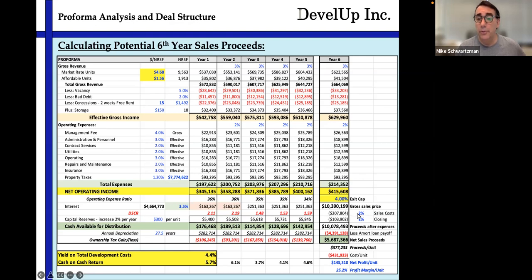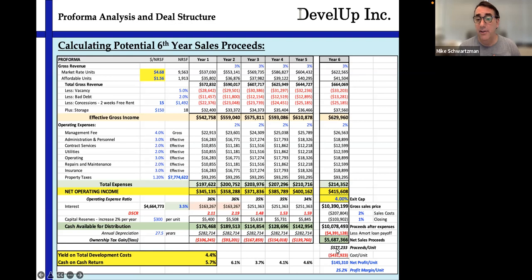We're going to lose 2% sales costs, commissions, et cetera. We're going to have closing costs. We're going to have basically $10 million, $10.1 million proceeds after expenses. We're going to pay off our loan, but it has been amortizing for a couple years. And we are going to have net sales proceeds of almost $5.7 million.